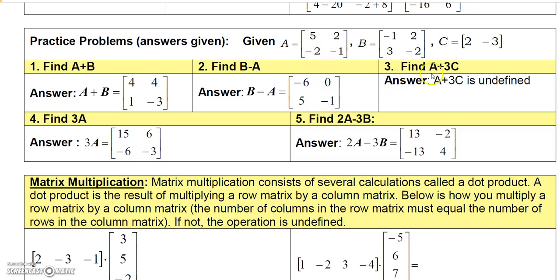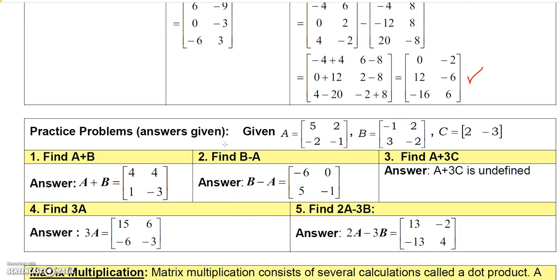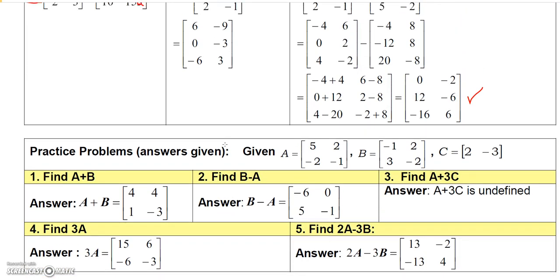And then here you're going to show that A plus 3C is undefined. And then here you're going to do just 3 times A and show that if you multiply matrix A by 3, you get this matrix. And then lastly, you're going to do 2 times A minus 3 times B and show that you get this matrix. And so you can do those as practice, by hand.